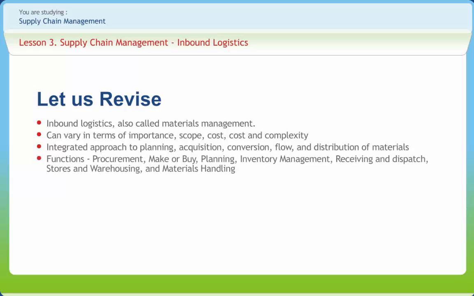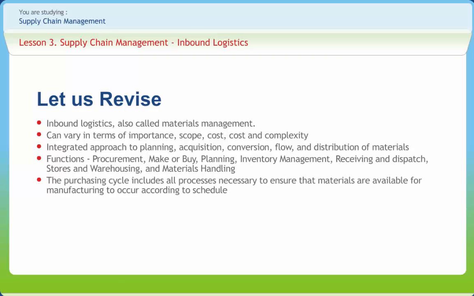The functions associated with the materials function include procurement, make or buy, planning, inventory management, receiving and dispatch, stores and warehousing, and materials handling. The purchasing cycle includes all processes necessary to ensure that materials are available for manufacturing to occur according to schedule.